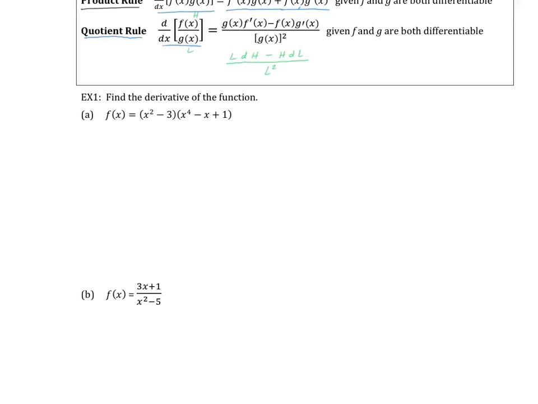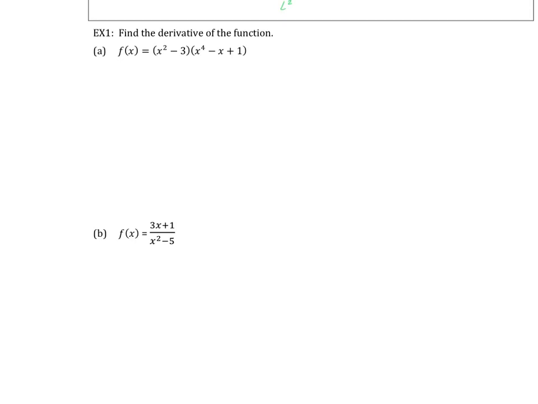In example 1a, we have the product of two functions. Now we could multiply all this out as we did in 3.2, but instead let me use the product rule. The derivative of this function is going to be, we take the derivative of the first piece, x squared minus 3, and multiply it by the second function, x to the fourth minus x plus 1.